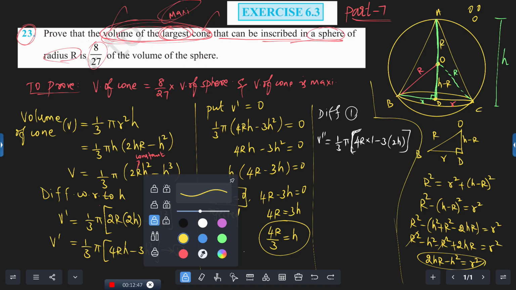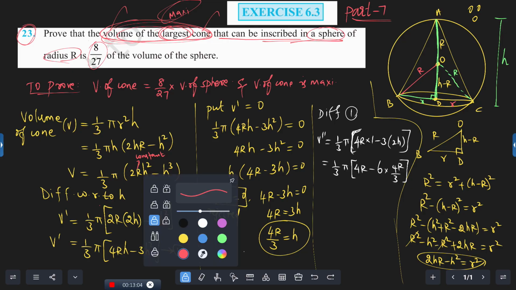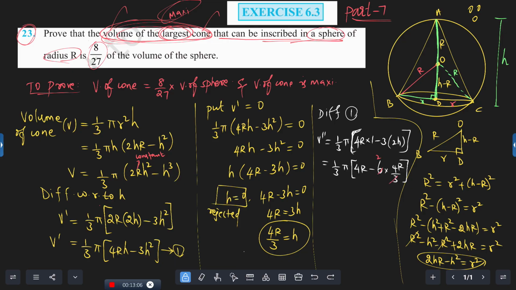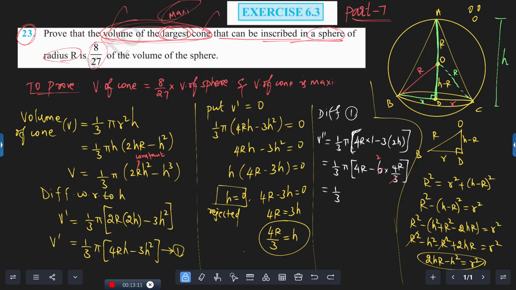Right, now you simplify this. What I am getting? 1 by 3 pi, 4 times r minus 6h. H value we have here is 4r by 3, 4 capital R divided by 3. So when I substitute, what I am getting? 1 by 3 pi, 4 times r minus 2 into 4, 8 times r.